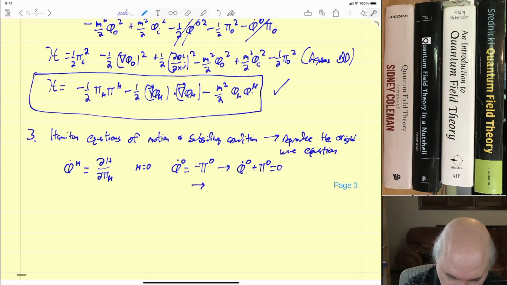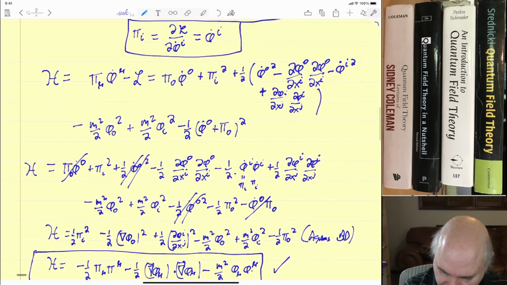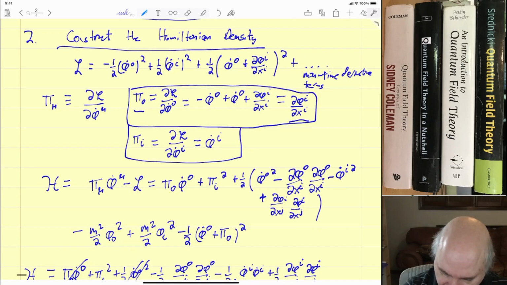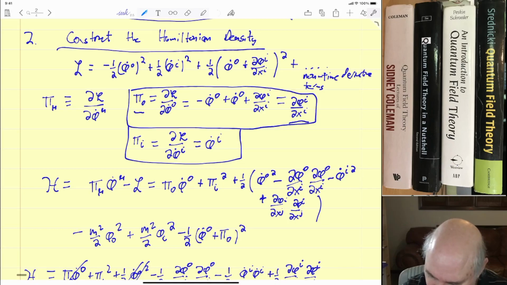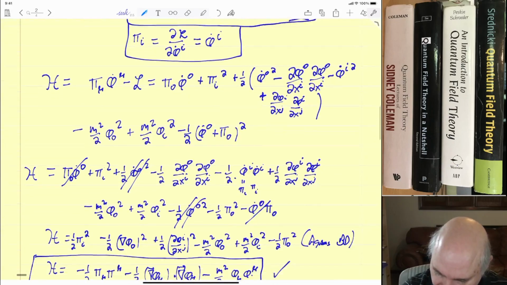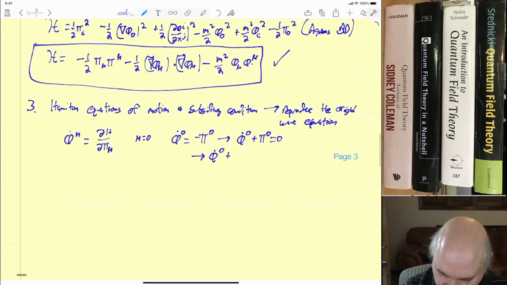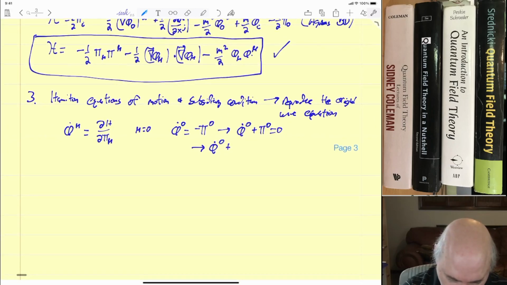And if you remember a while ago we defined this equation which defines pi 0 in terms of the spatial divergence. So I can write that as phi dot 0 plus the partial of phi I with respect to xi equals 0.